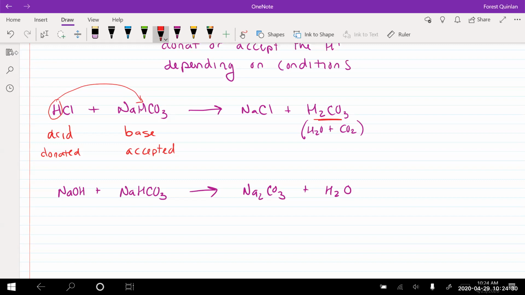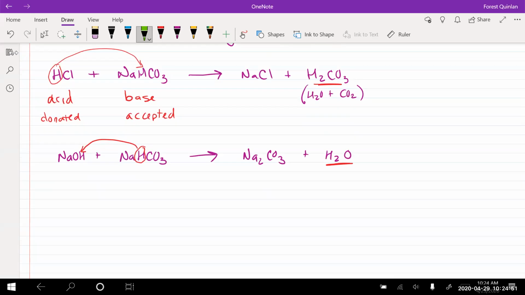So now, actually, let's take a look at the bottom one. Here, it may be a little less intuitive, but check this out. This H is going to be donated to the OH to make water, leaving on the back end Na2CO3.